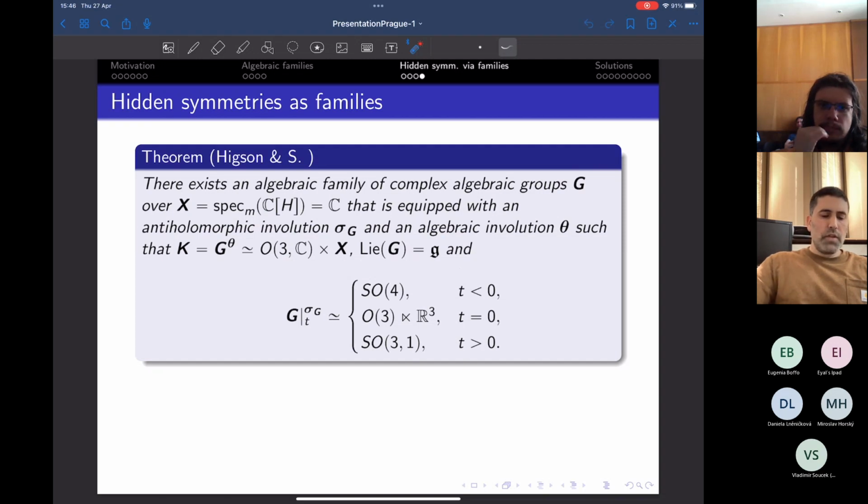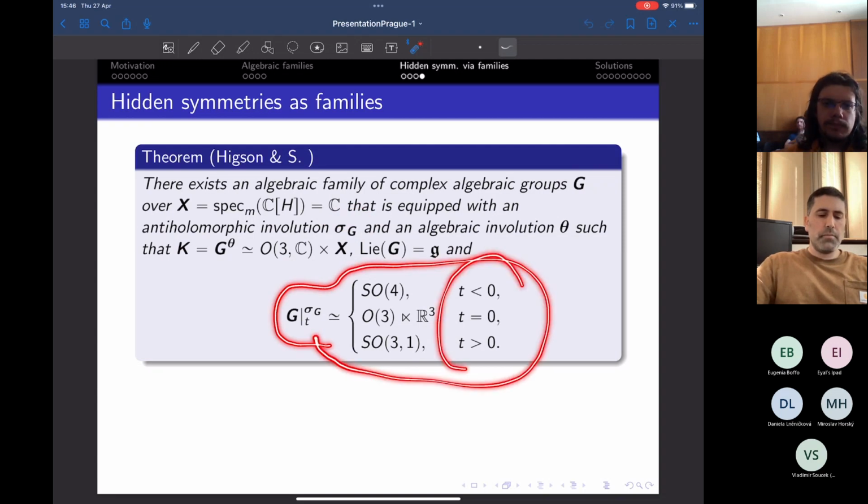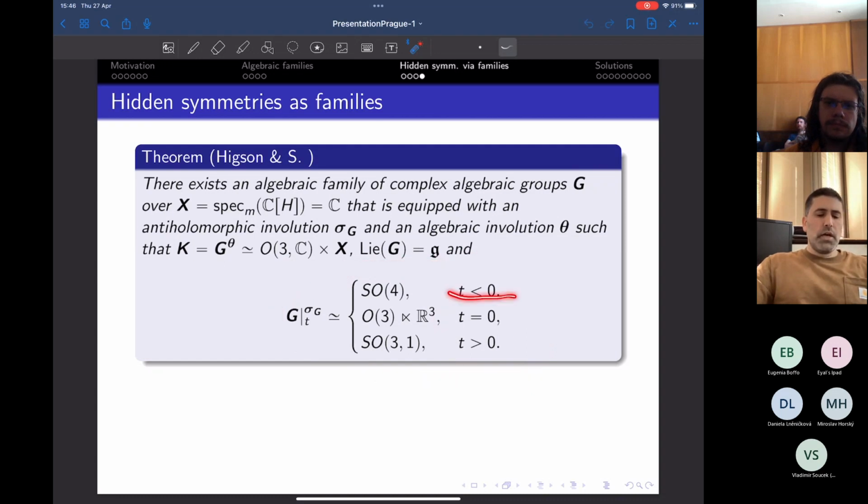Moreover, because we have an anti-holomorphic involution for the family of groups, we get a family of real groups parameterized by real numbers. The real groups that we see are exactly those that appear before, depending on the sign of T: either the compact SO4, the Lorentz group SO31, or this semi-direct product.